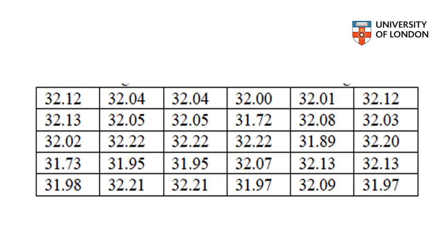And the mean of the sample is 32.05 centiliters if you compute the mean correctly. Another thing we have to do is to compute the variance or the standard deviation of this sample. In the same manner as we've done it before, if you compute the sample standard deviation, it will be 0.128.